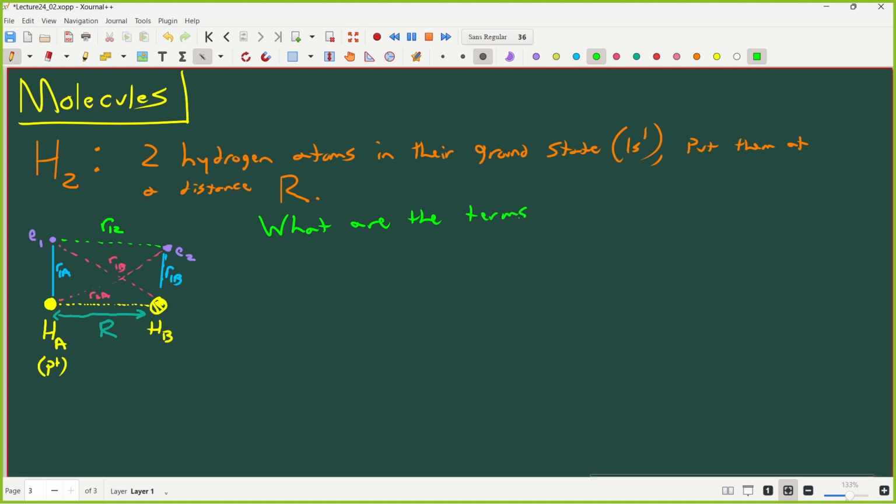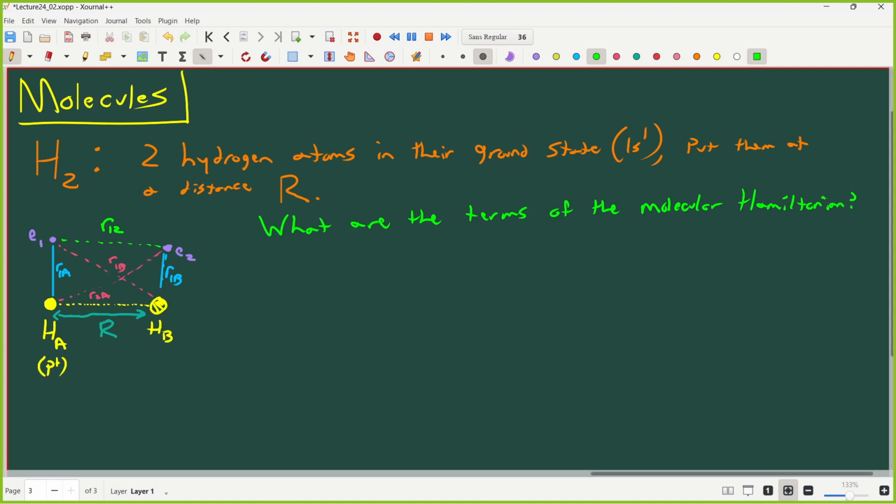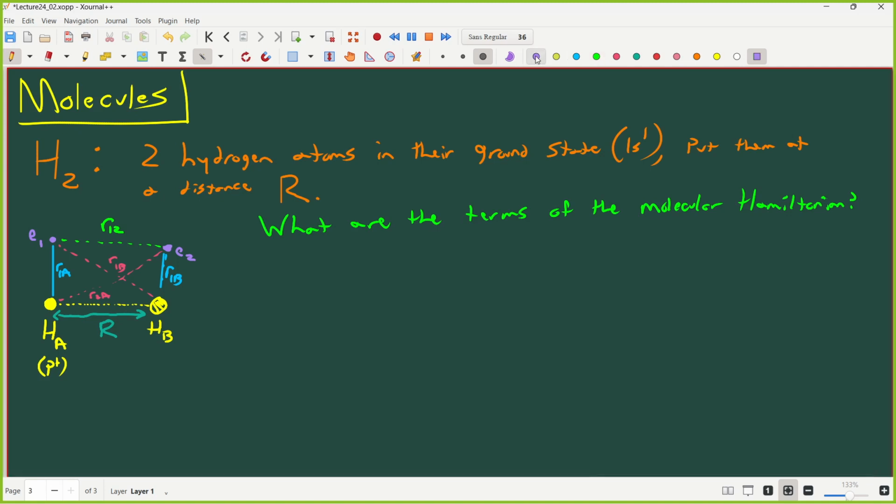The terms of what we call the molecular Hamiltonian, the total energy of the molecule. Well, we can just count all the little distances we're tracking and think about the potential energies as a function of those. The first thing that we should do is think about the kinetic energies, like we always do. So there are kinetic energies for the electrons.